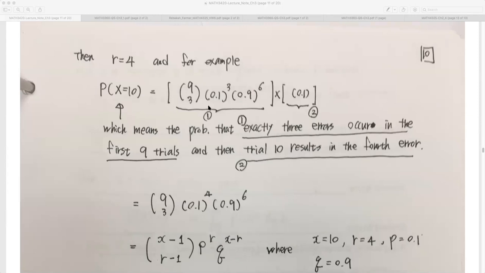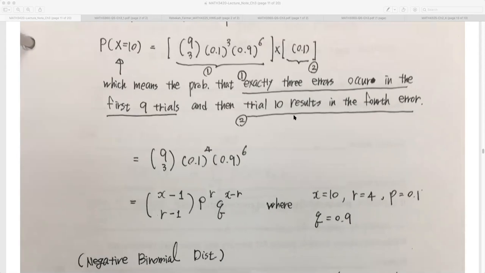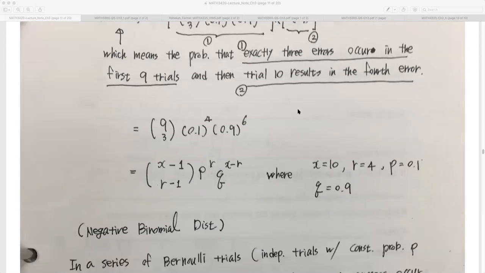So this is going to be 9 choose 3 times 0.1 to the third power, 0.9 to the 6th power. This is the probability of exactly 3 errors in the first 9 trials, a binomial distribution. And then on the last trial, the 10th trial, we get the fourth error, 0.1, right? 0.1.